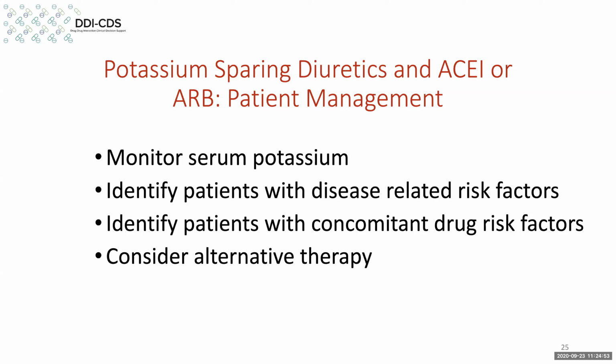But more importantly, you can get QRS widening, loss of atrial activity, and in the worst case, VFib and asystole. So monitoring both the serum potassium as well as patient signs and symptoms and electrocardiogram is probably the best way to get a handle on these patients.